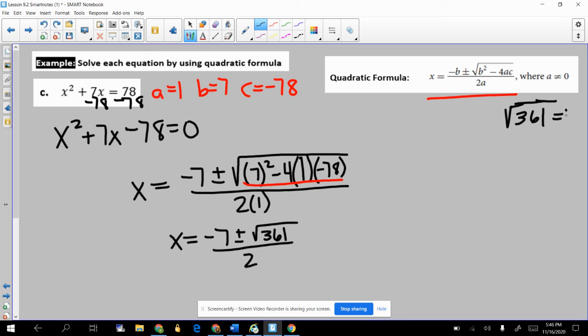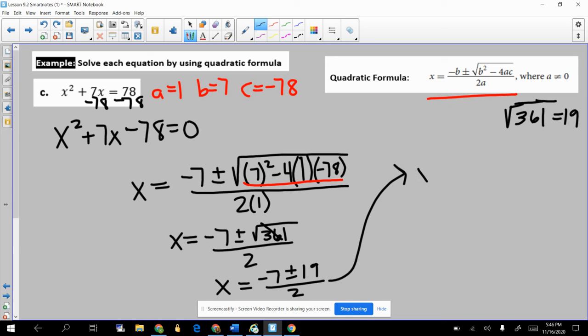It equals 19. Okay, so since that's a perfect square, we're going to replace it with 19. So we would write this as x equals negative 7 plus or minus 19 divided by 2. Now, here's the thing. Because that radical broke down, we can actually simplify this as far as it goes.